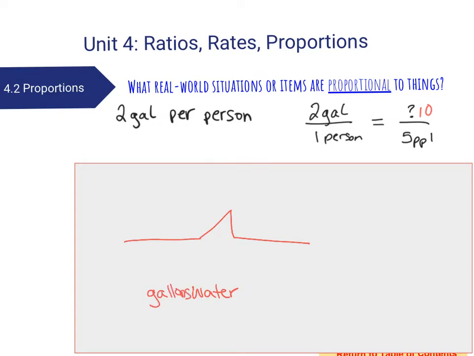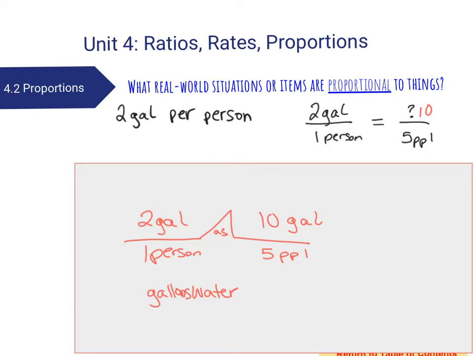And we would say 2 gallons is related to 1 person as 10 gallons is related to 5 people. So this is the relationship between gallons of water and number of people.